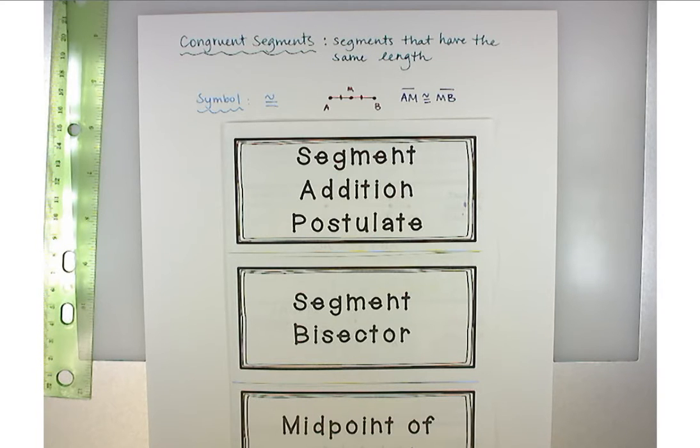Have you guys heard the word congruent before? Congruent is used instead of equal when we're talking about objects instead of numerical values. So if we have two line segments, we'll say that the segments are congruent. If we had two numbers, we'd say that the numbers are equal.